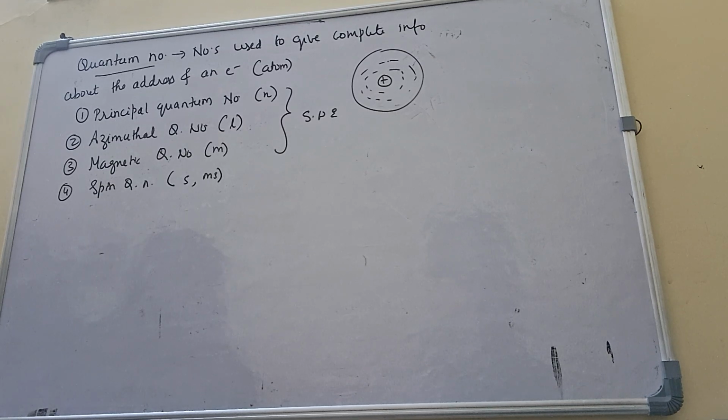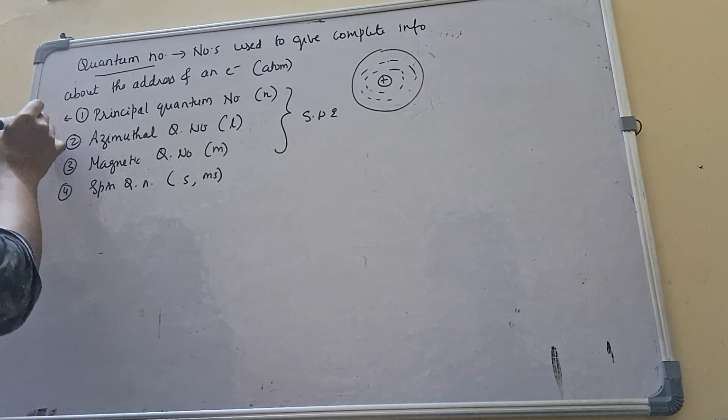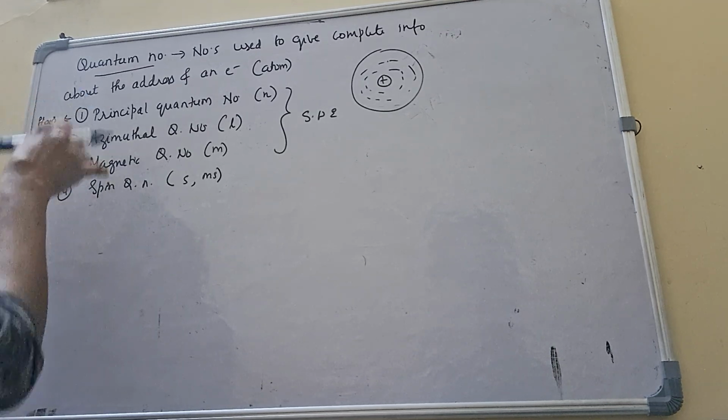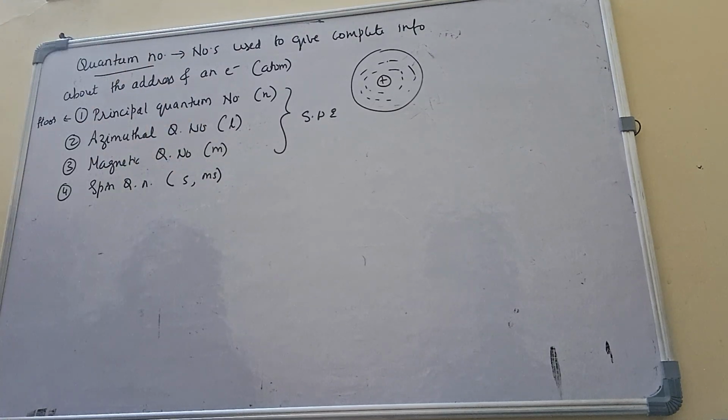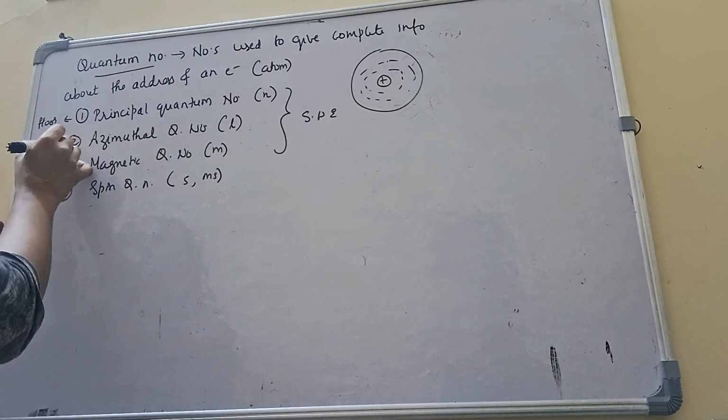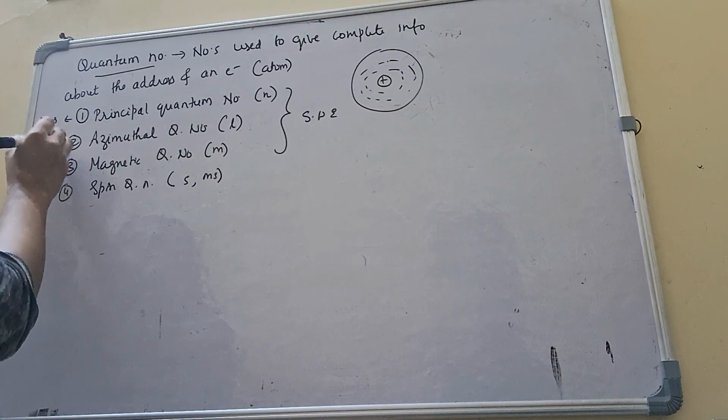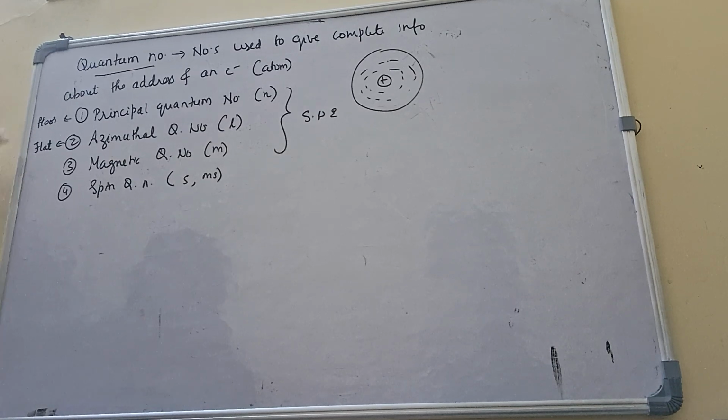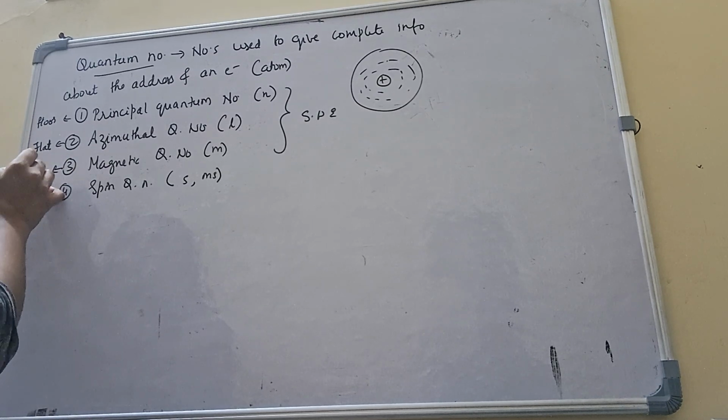Now how do you relate these numbers? If you consider the atom to be an apartment, the principal quantum number is like the floor: first floor, second floor, third floor. Azimuthal quantum numbers are like flats. In each floor there are different flats. Keep this view in mind, it becomes easier. The magnetic quantum number is basically the rooms.